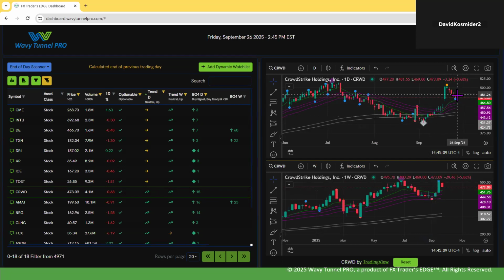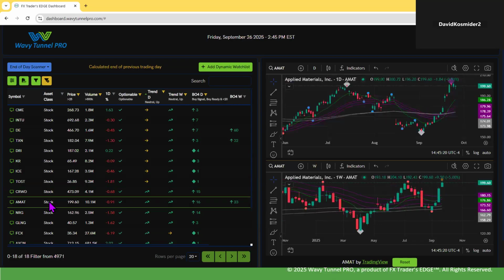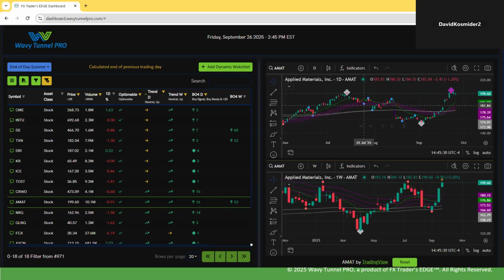Just a gorgeous move. Up $40. Let's look at another one. Yep, same here. Now, this happened 16 candles ago when we had this signal. So I think you get the picture.